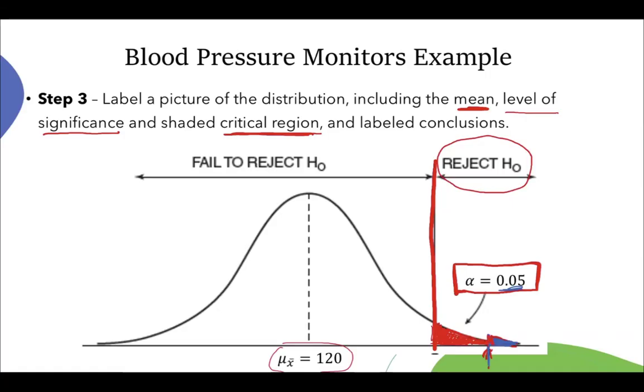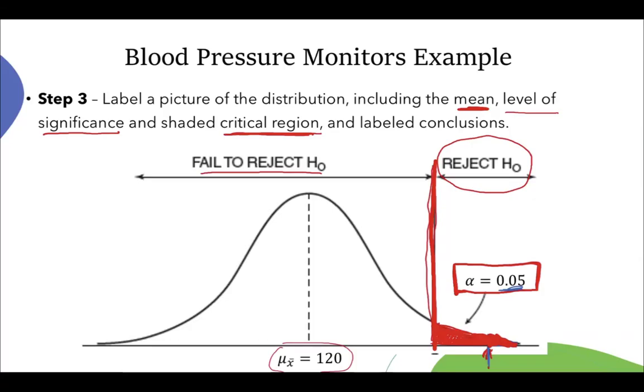But it's also possible that we do this test and we don't get a significant result. It's possible that instead of getting a result in the critical region, we get a result in the non-critical region, which is to the left of this vertical line right here.